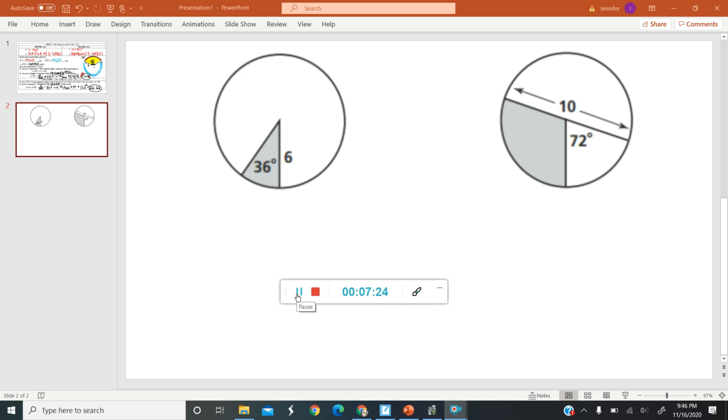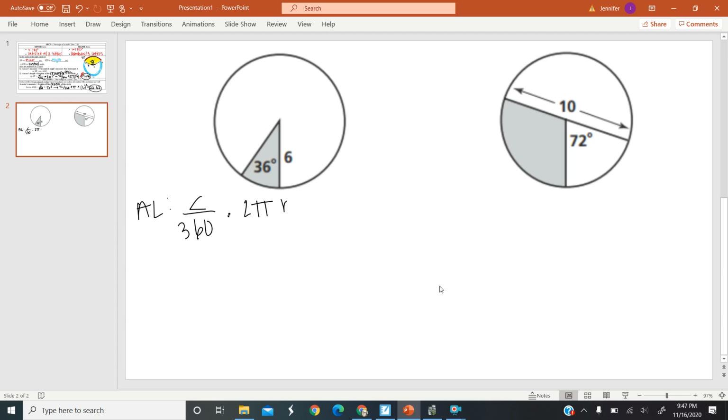All right, so I want to find both sector area and arc length for both of these two little circles. So I'm going to do arc length on this left-hand circle first. For arc length, remember it's the central angle over 360 times 2 pi r.